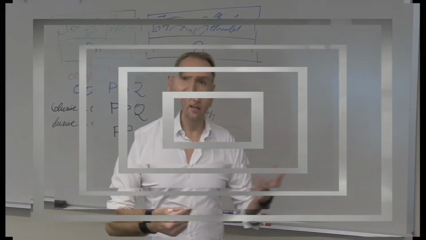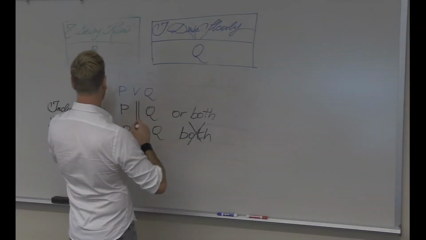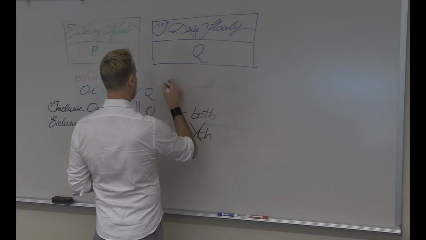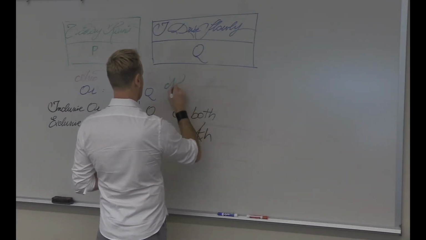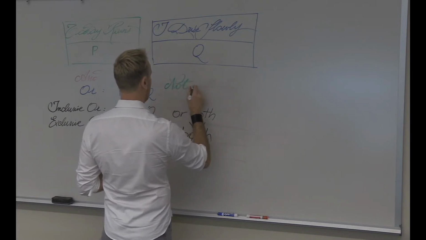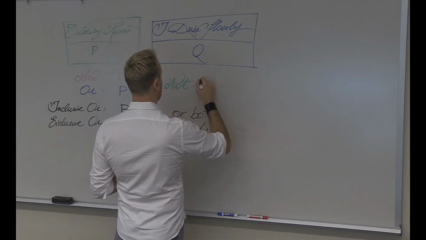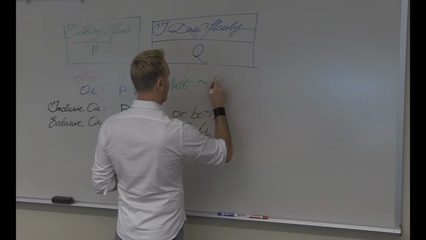Okay, so let's see how it looks. So simple statement, so and or. Now we'll do not right here. Okay, either you can write something like this, P, or you can write it like this.